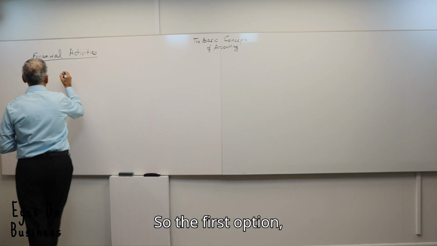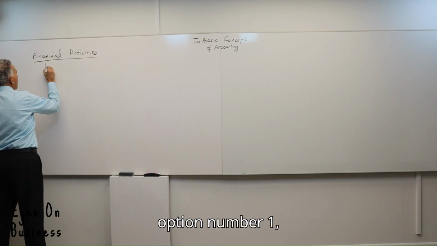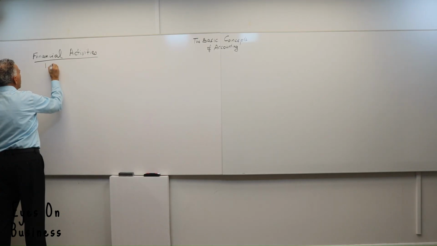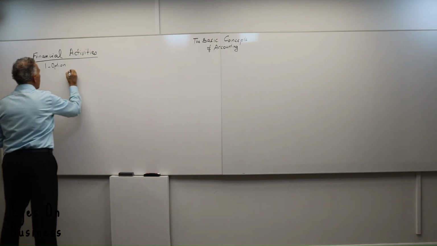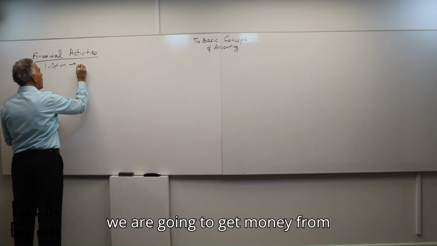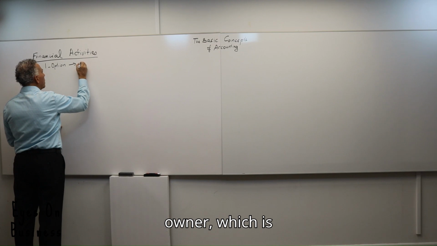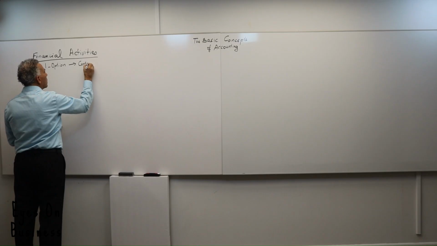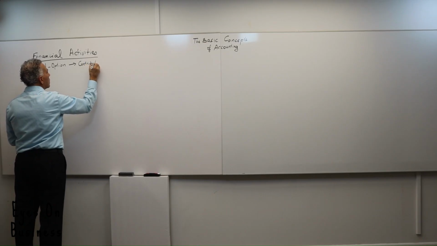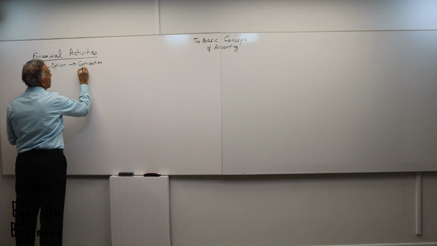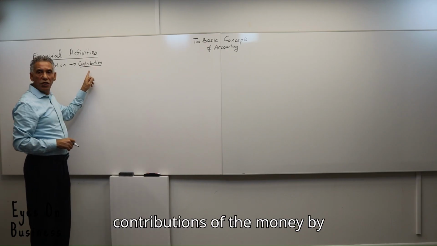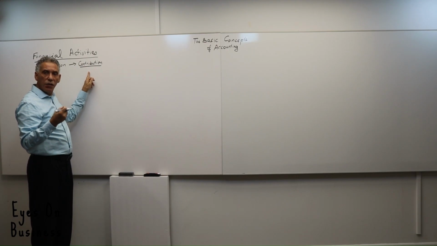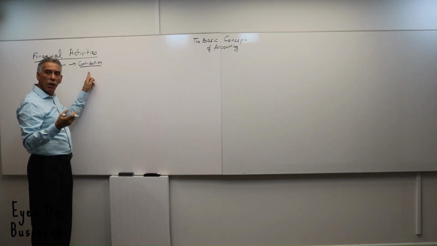So the first option, option number one, we are going to get money from the owner, which is a contribution. Contributions of money by the business owners go to owners' equity.